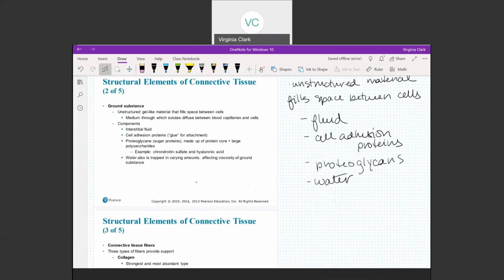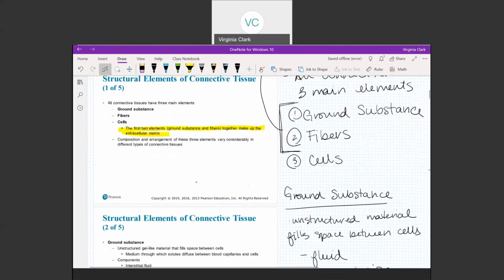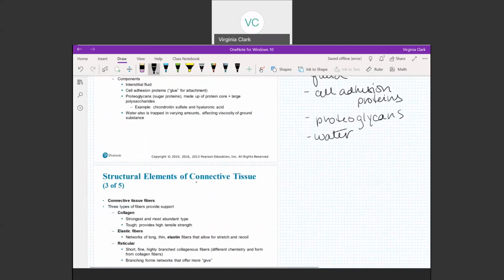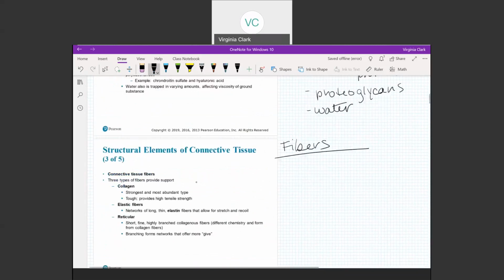So that was the first one. The second one was our fibers. When we're looking at the fibers that make up our connective tissue, there are three types of fibers. The first type is going to be collagen. Collagen is going to be the most abundant type of fiber, but it's also going to be the strongest.